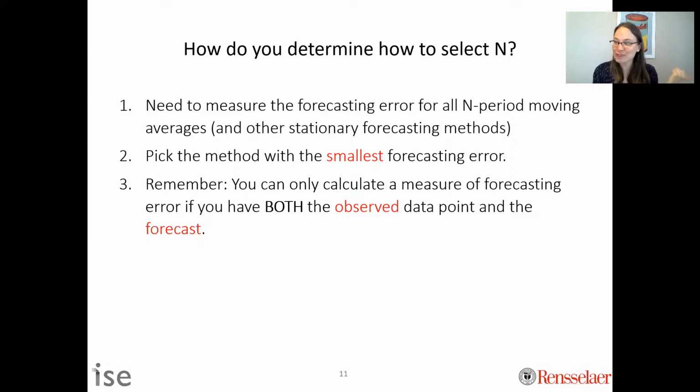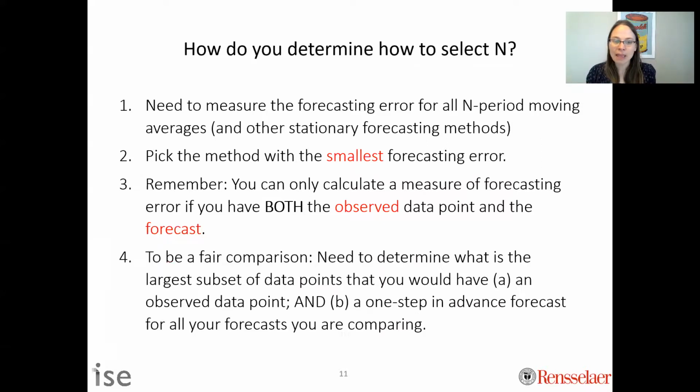If you remember from the previous video, you can't calculate a forecasting error unless you have what actually happened and what you thought was going to happen. So you need both, and the key word here is both: observed data and the forecast. And to be fair, you need to make sure everyone's playing on the same footing.